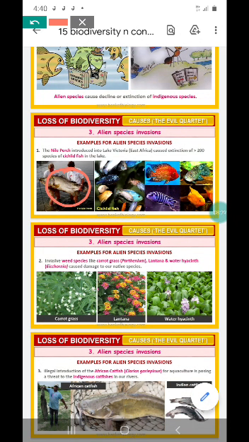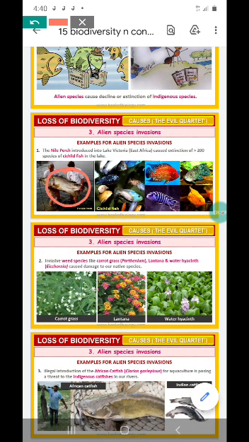Okay, another example is the invasion of weed species like carrot grass. This is the carrot grass, Parthenium, Lantana camara, and water hyacinth.